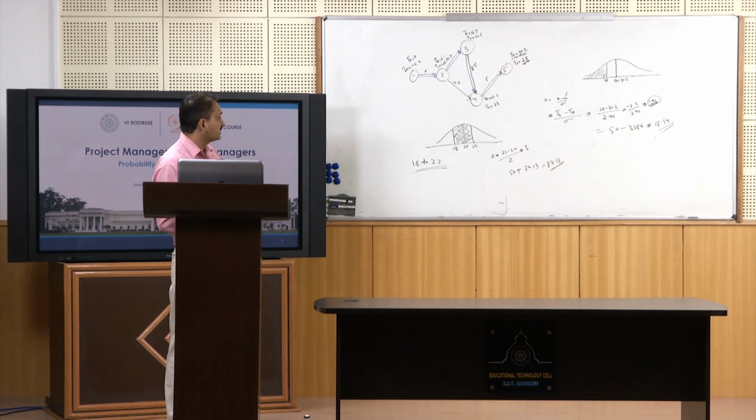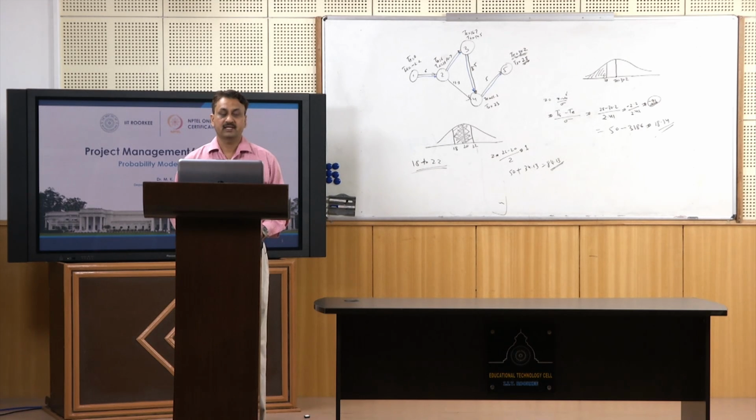In the first question we subtracted the area under the curve from 50%, and in the second question we added the area under the curve to 50%. This is how you can solve questions related to probability. Thank you very much.